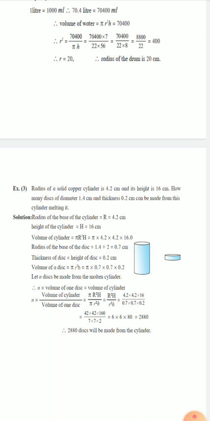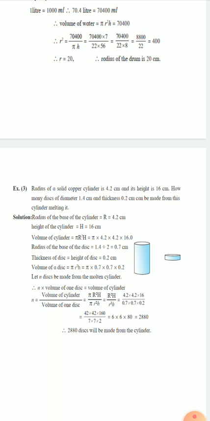Now here is the reason why I didn't put the value of pi and multiply: this term is common in both numerator and denominator. So instead of doing the calculation, I will just cut it, because both values are the same. Whether you take 22 by 7 or 3.14, both values get cancelled out, and in the numerator you will get capital R square into capital H, and in the denominator small r square into small h.